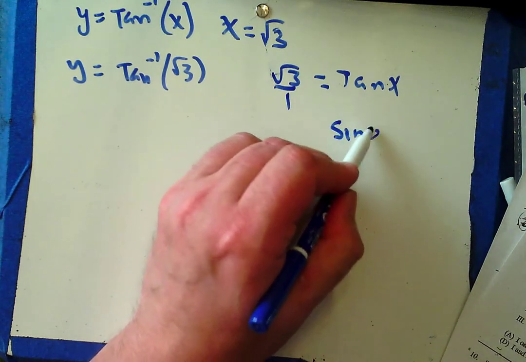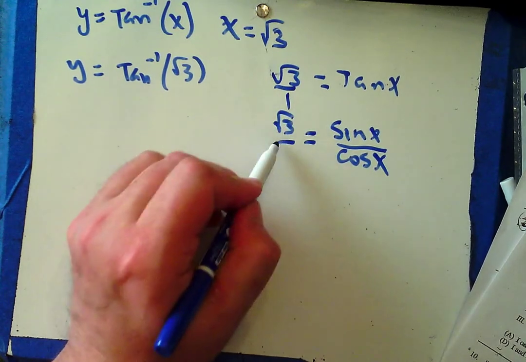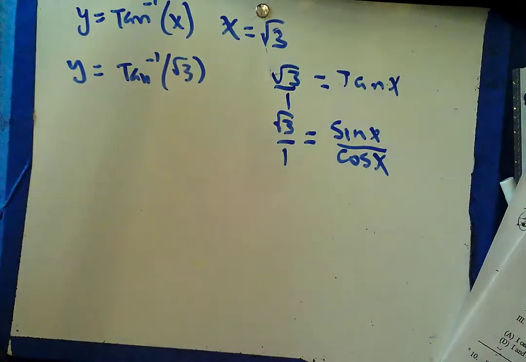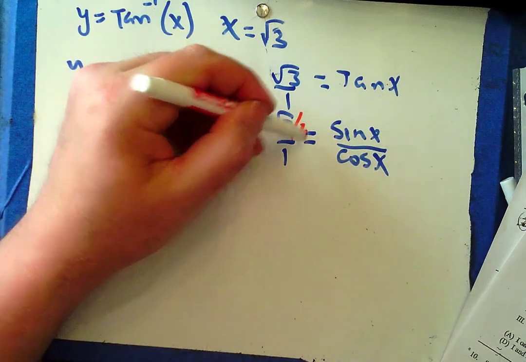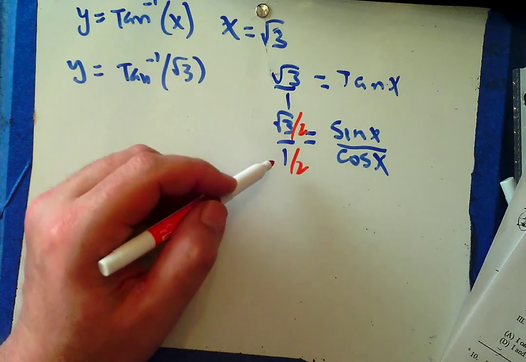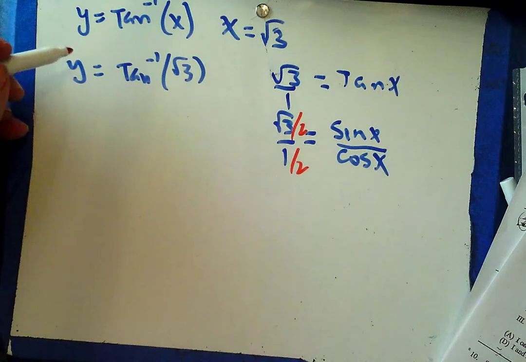Yes, but what about sine over cosine equals root 3 over 1? Mr. Kukla, there's no root 3 on the unit circle. Well, there is a root 3 over 2. And so when is sine equal to root 3 over 2 and cosine equal to 1/2? That happens at pi over 3.